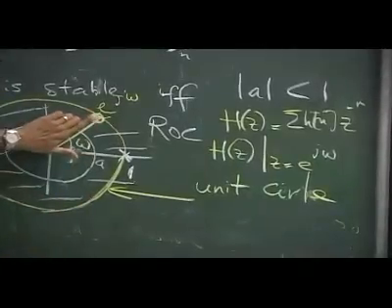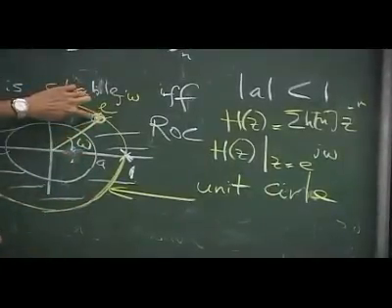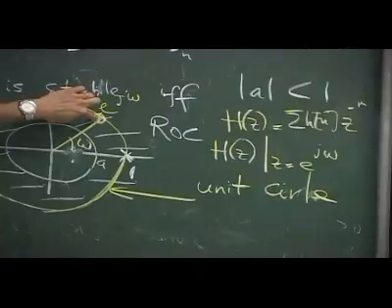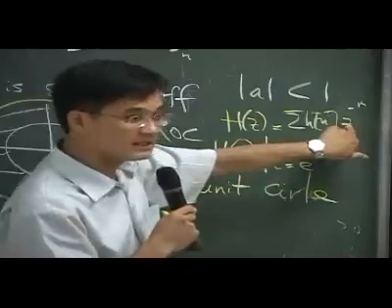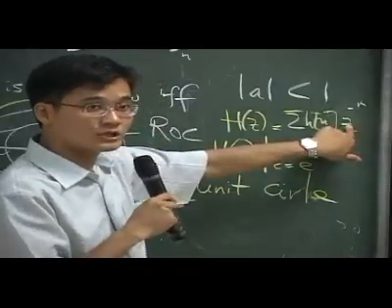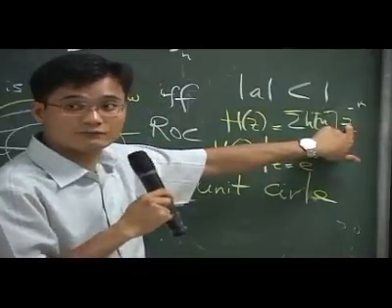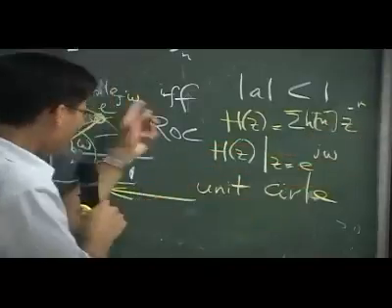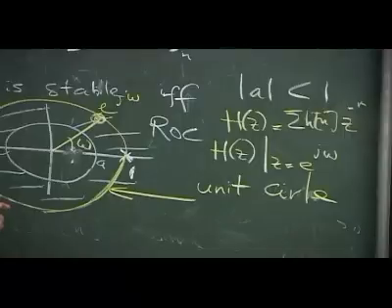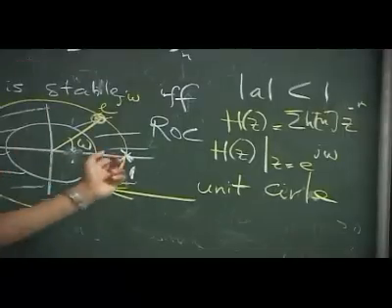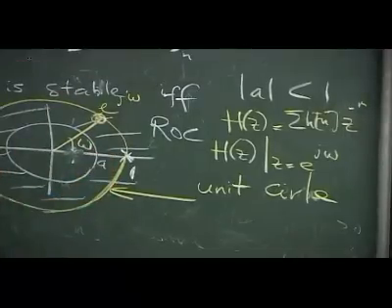So if I evaluate this at this point on the unit circle, e^{j omega}, and plug it in here, what I have is the formula I showed you earlier on. It is the discrete time Fourier transform. So when I evaluate the Z transform on the unit circle, I obtain the discrete time Fourier transform. That's all.